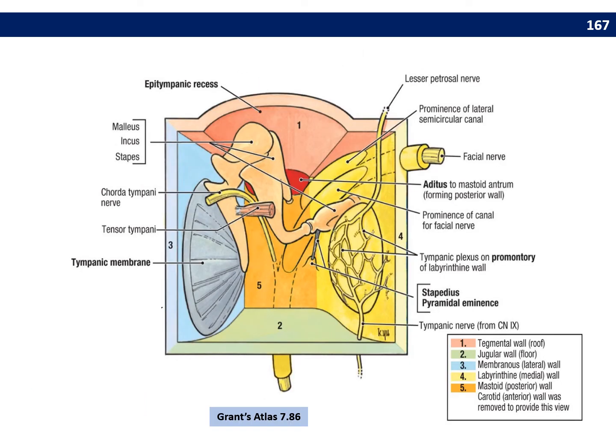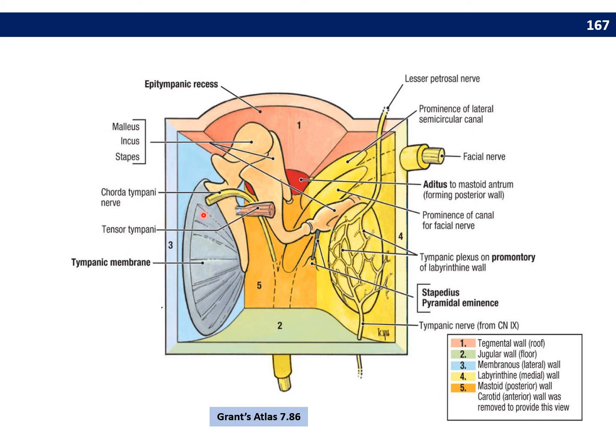So this is another view of the middle ear so that you can appreciate its complex architecture. This blue wall is the membranous wall that contains mostly the tympanic membrane. And then notice your malleus, incus, and stapes, those ossicles running through this middle ear cavity, as the stapes then attaches at the oval window.